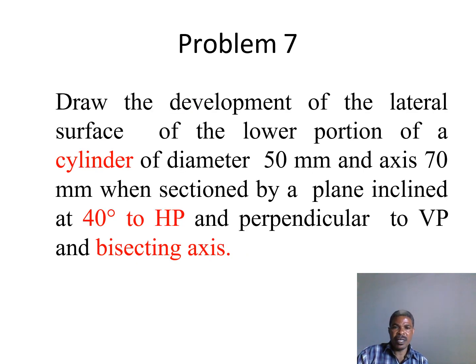Another problem here. Here is a case of a cylinder. Draw the development of a lateral surface of the lower portion of the cylinder of diameter 50 millimeters and axis 70 millimeters when sectioned by a plane inclined at 40 degrees to the horizontal plane and perpendicular to the vertical plane, bisecting the axis.